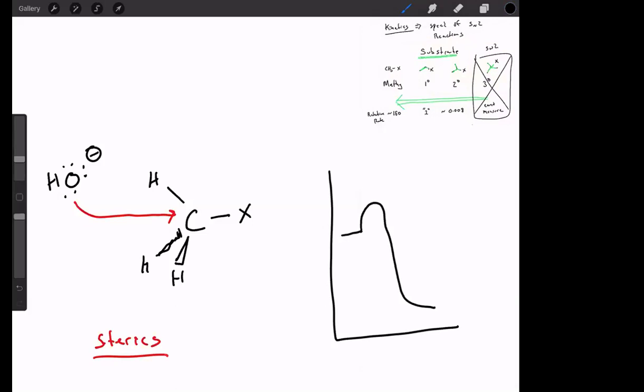What happens if I start to replace these hydrogens with other alkyl groups? Now I'm providing an additional bit of steric hindrance, because if I really draw out this CH3 group, it's tetrahedral and these other hydrogens are in the way.